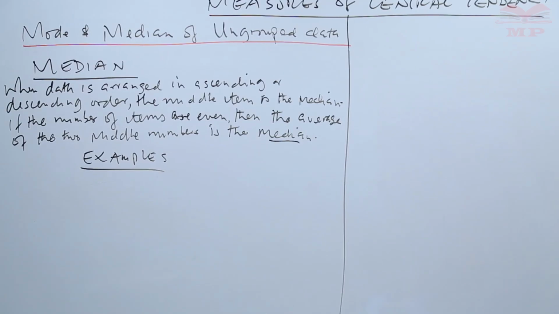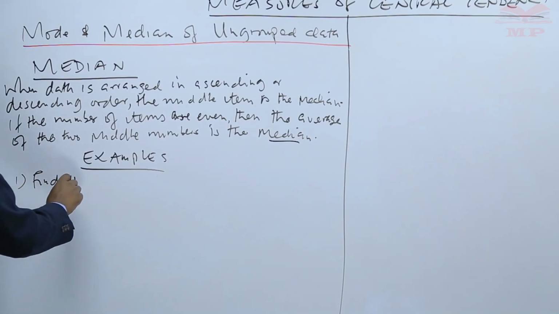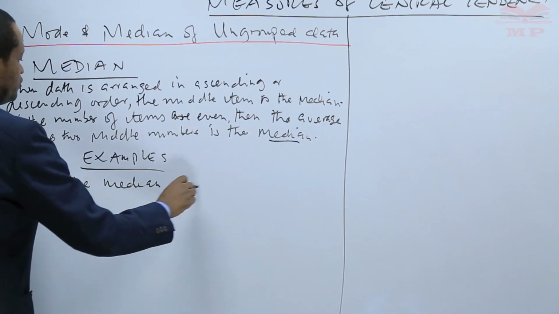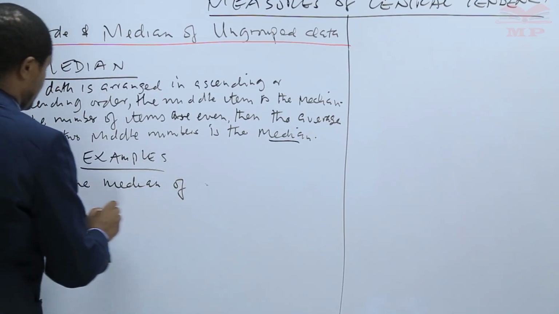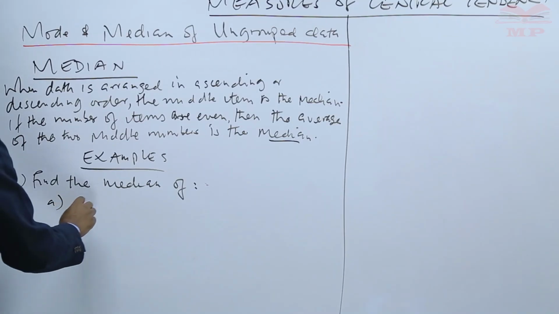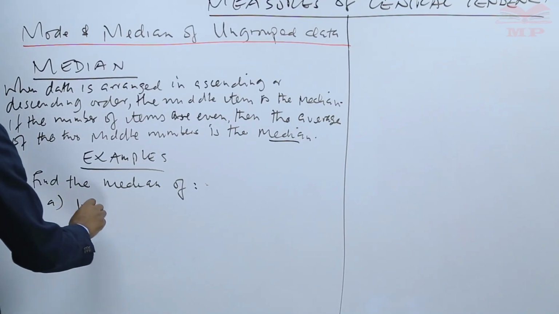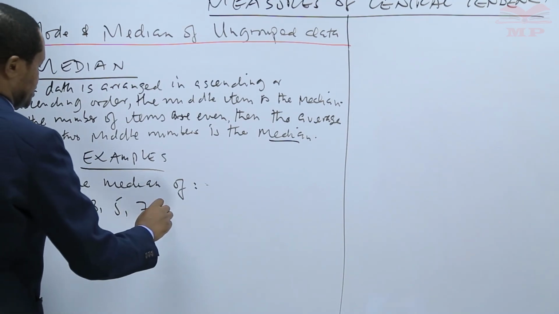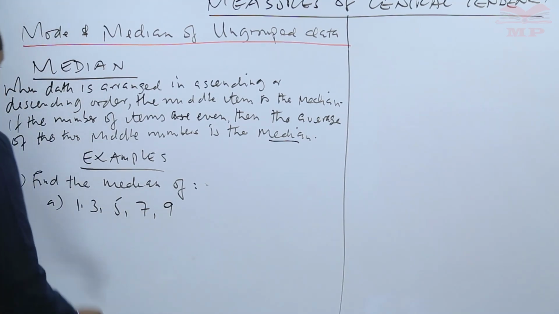Find the median of A. Let me start with simple numbers. A: 1, 3, 5, 7, and 9.